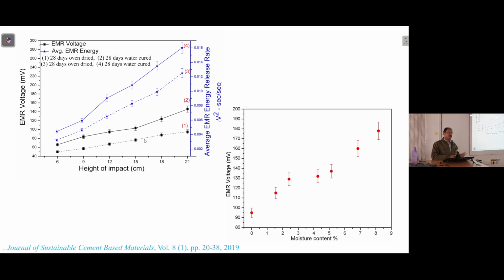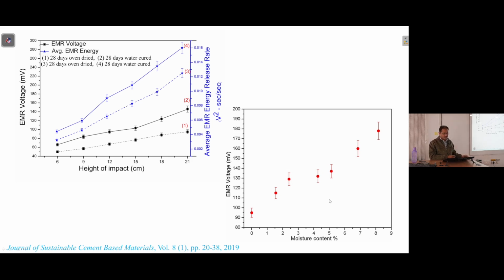So that causes any possible water evaporation. Thereafter also this much voltage we could get. This is getting reduced, but all the same it continues to be there. That means even if the structure is dried because of heat, it will continue to give some signal at least. So that was the intent.